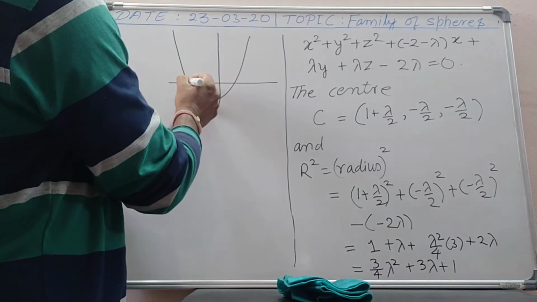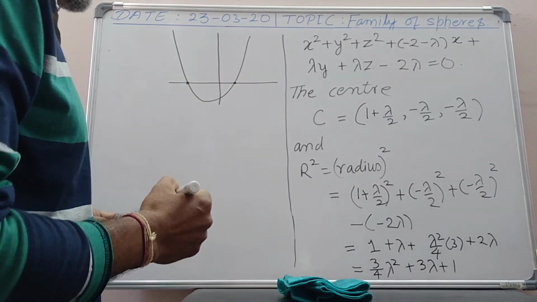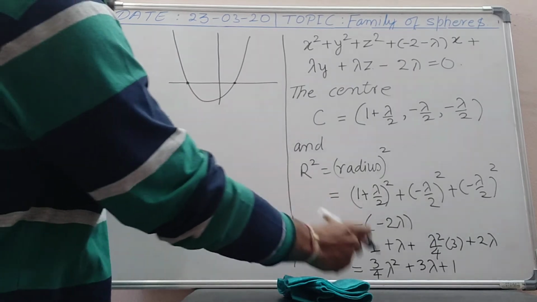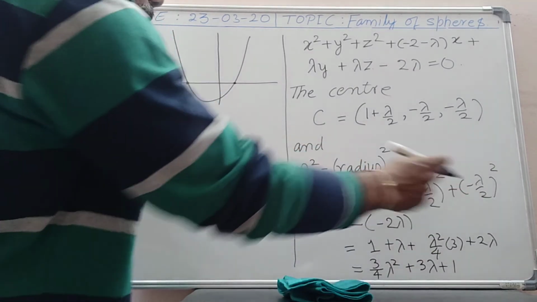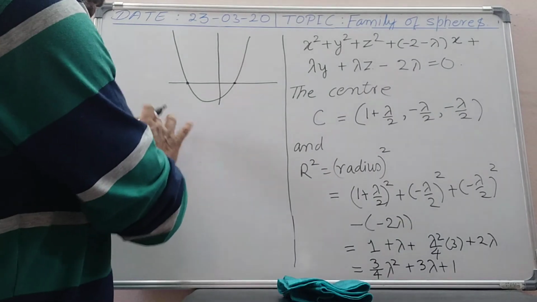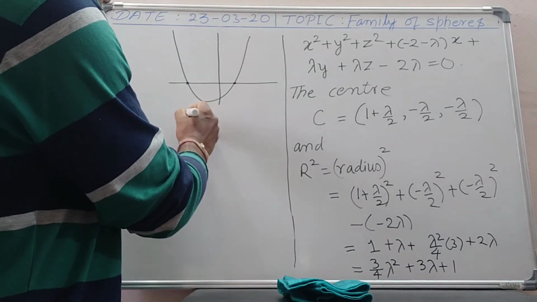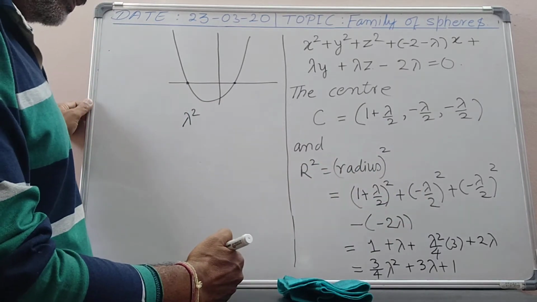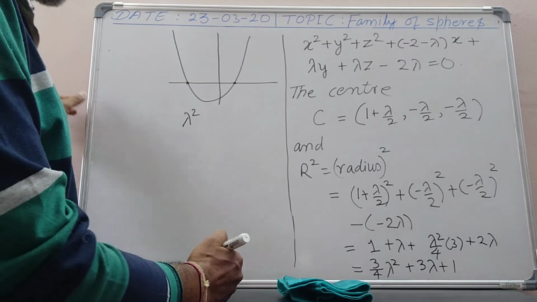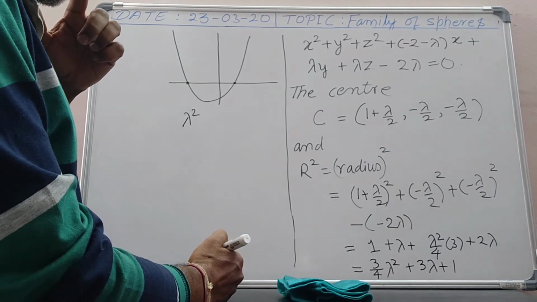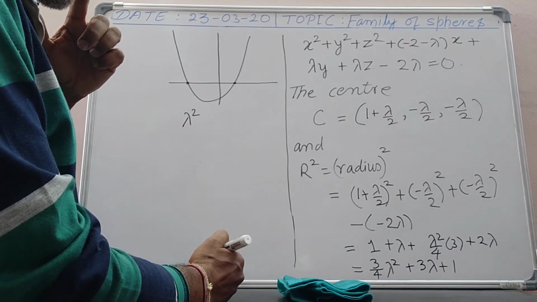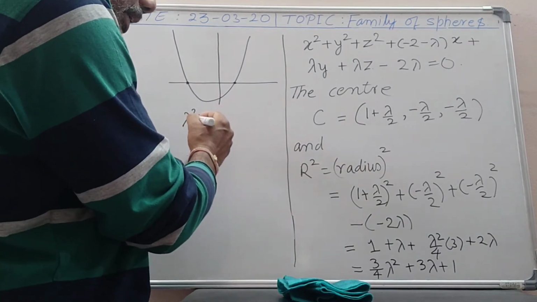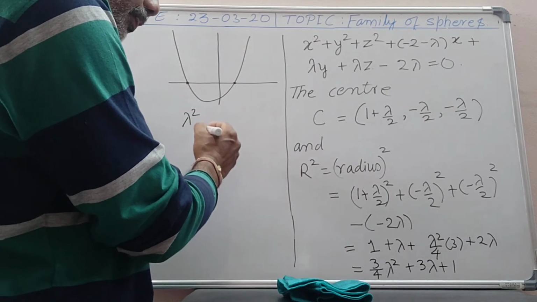I wish to find these points, and therefore I look at the equation 3/4 lambda squared plus 3 lambda plus 1 equal to 0, which will be the same as lambda squared plus 4 lambda plus 4/3 equal to 0. I'm multiplying this by 4 by 3.